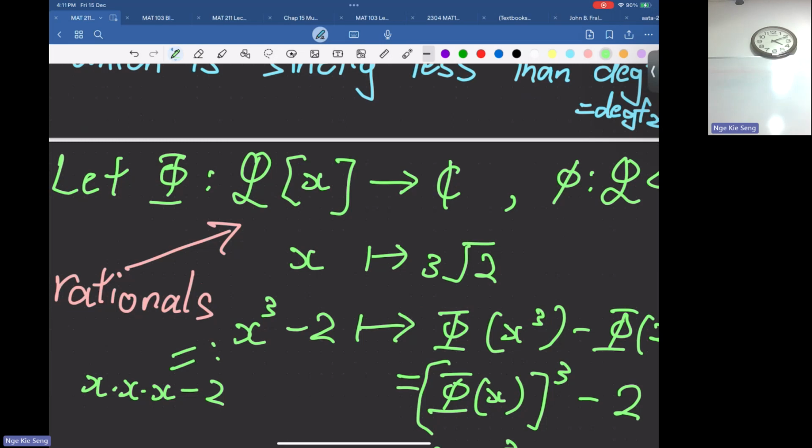The dot or plus inside the polynomial is just a very general sum and multiplication, addition and multiplication we define on the polynomial ring.